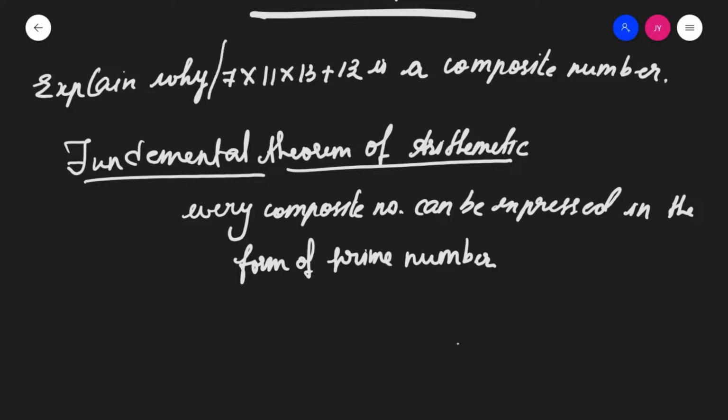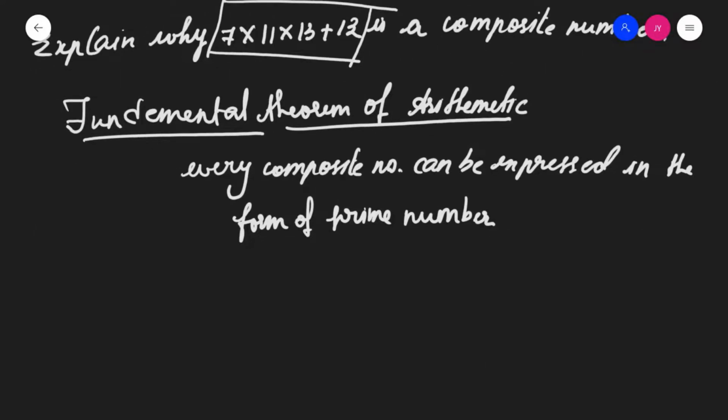So now the question is we should prove that 7 into 11 into 13 plus 13 is a composite number without adding or multiplying. In this you can see that 13 is common. So let us take 13 common in these two terms.